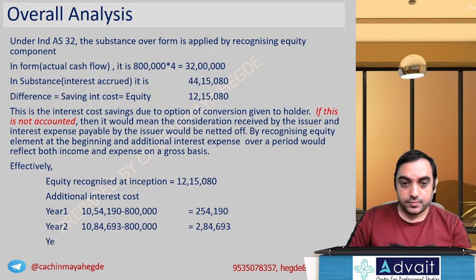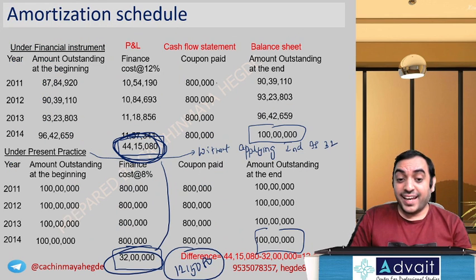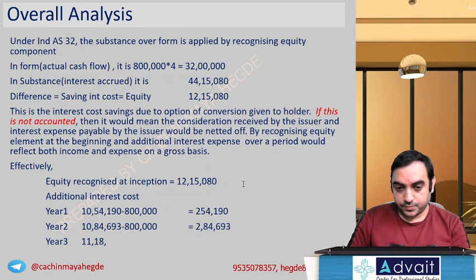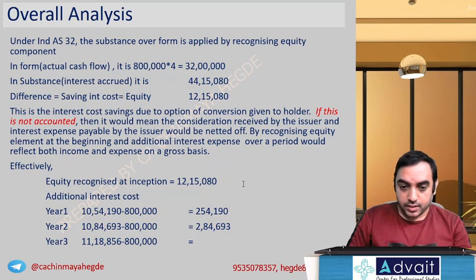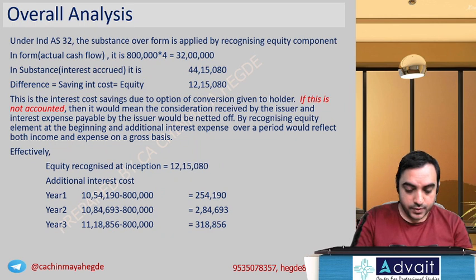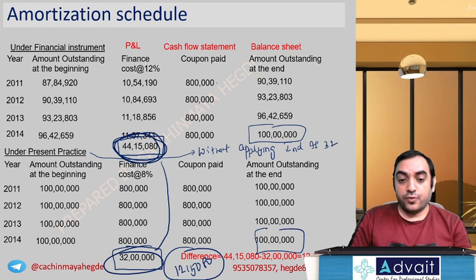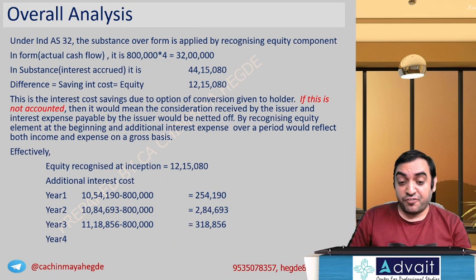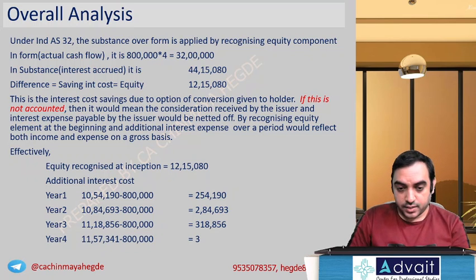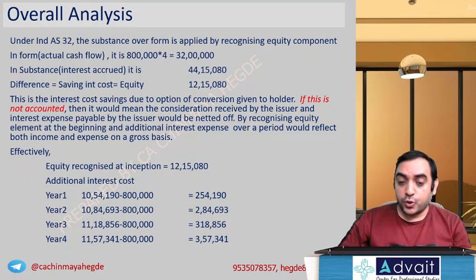Year 3: 11 lakh 18,856 minus 8 lakh, 3 lakh 18,856. Year 4: how much? 11 lakh 57,341, minus 8 lakh, 3 lakh 57,341. Please do the total.